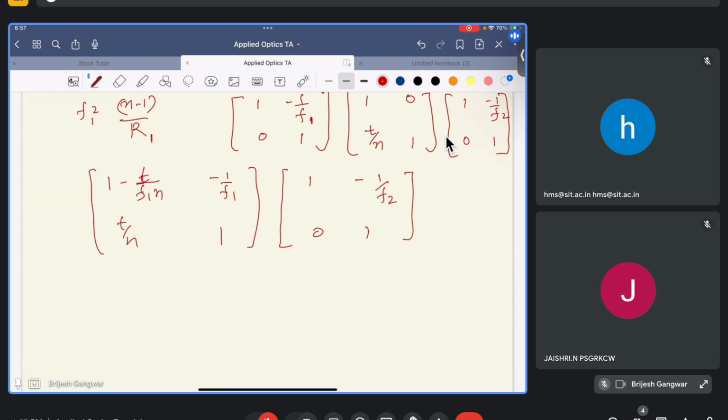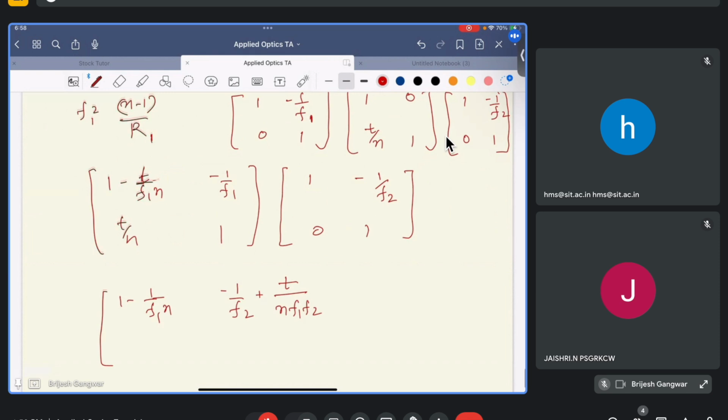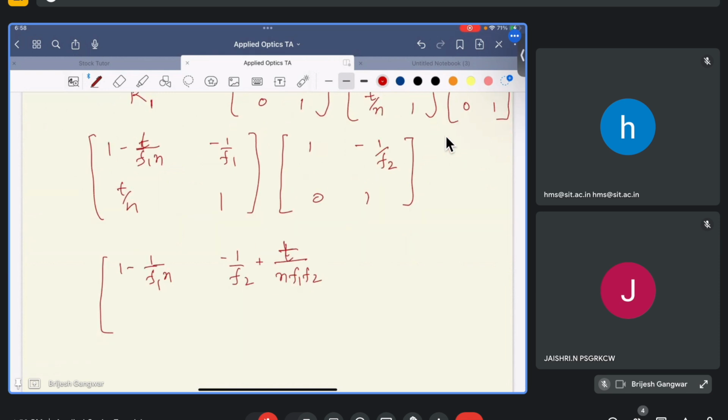So this will be 1 minus t by f1 n, and minus 1 by f2 plus t by n f1 f2, and plus minus 1 by f1.